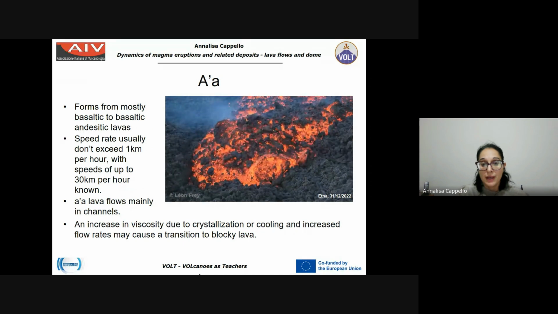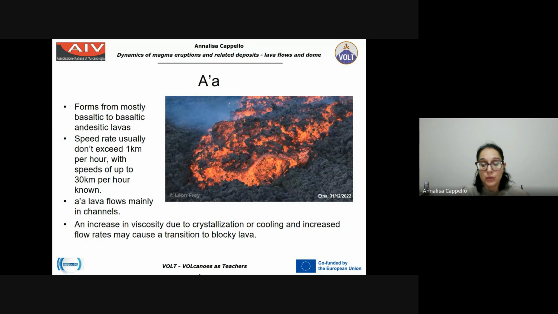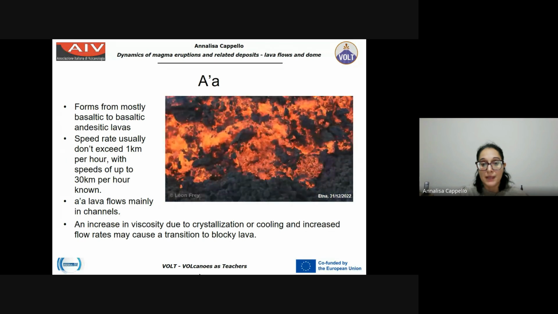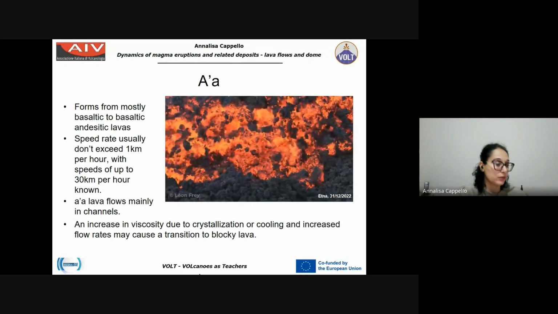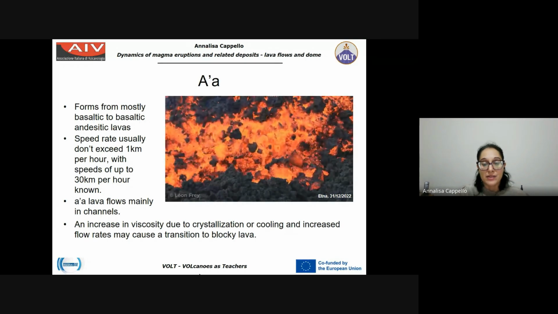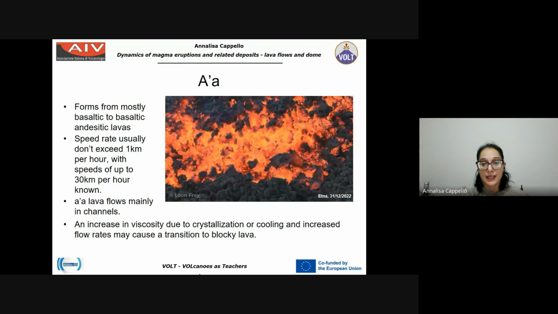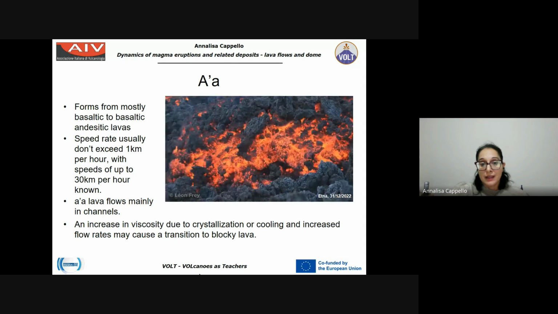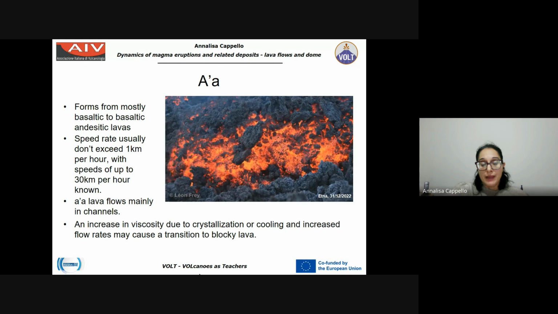2022. As you can see from the video, the lava flow emplacement is very different from pahoehoe lava. The clinkers are visible, and the characteristics are very different.